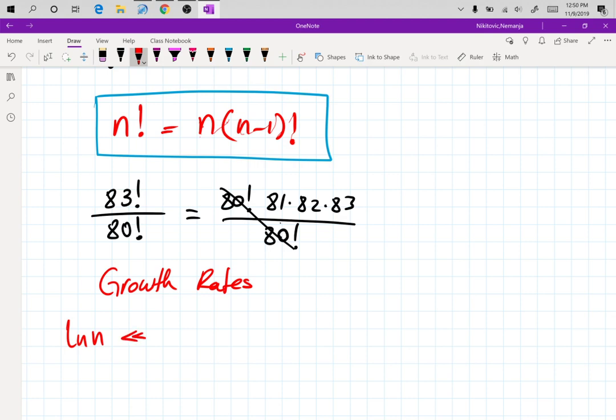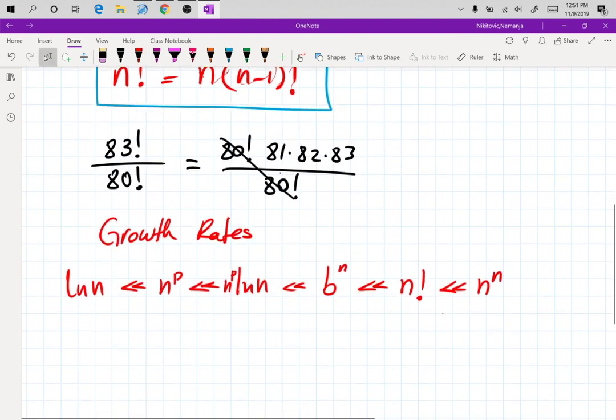That grows slower than n to the p, grows slower than the exponential b to the n, grows slower than n factorial, grows slower than n to the n. So that's where it belongs.